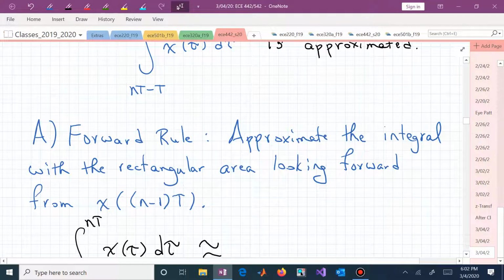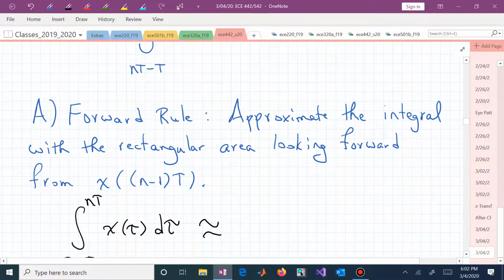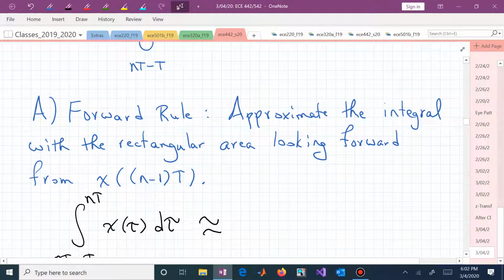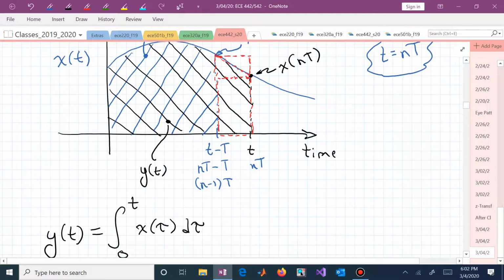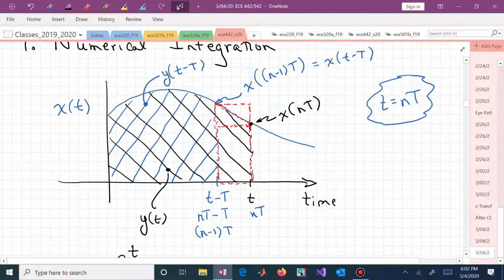The forward rule is to approximate the integral with the rectangular area looking forward from x at time n minus 1 capital T. So now what I want you to do is tell me the expression, the formula, on the right-hand side of that approximation symbol. We are now trying to make this rectangular approximation of that additional piece using the forward approach. How would I describe that rectangular area?